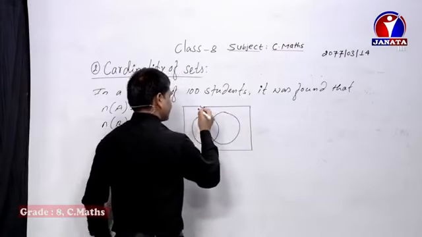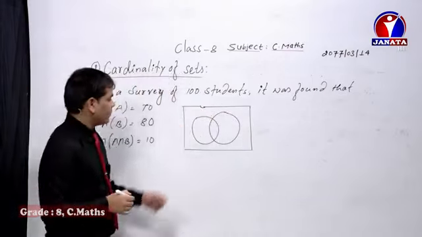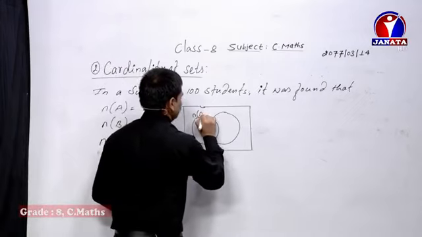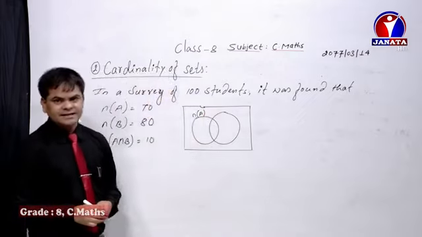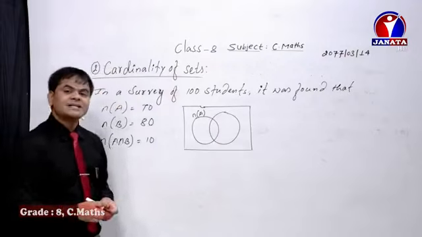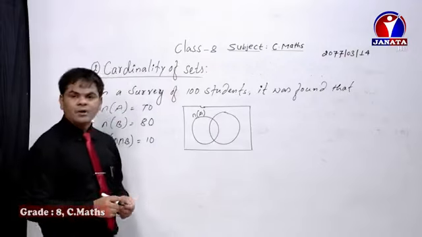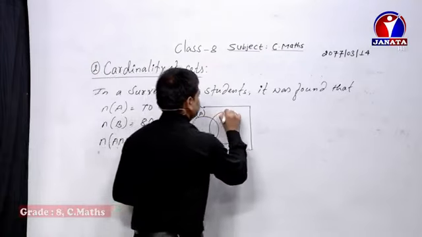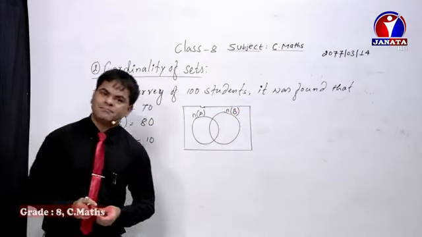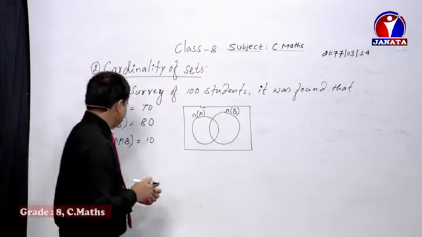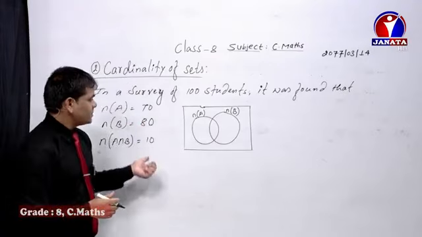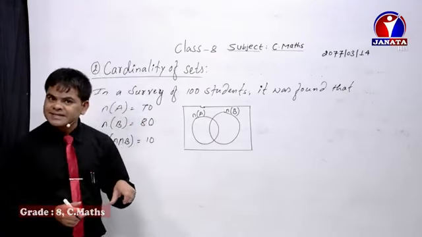Rather than writing A only or B only or A intersection B, we write n(A), because it is the cardinality of the set, so it represents the elements contained in the set in the form of a number. Similarly, we write n(B), the number of elements contained in set B.